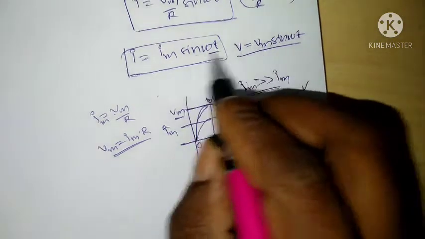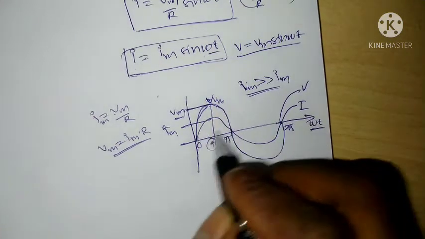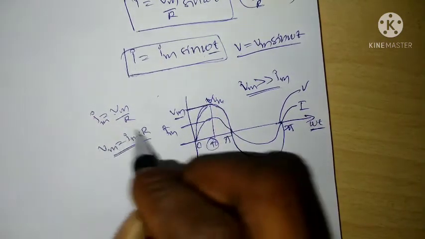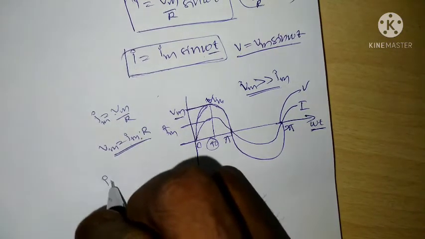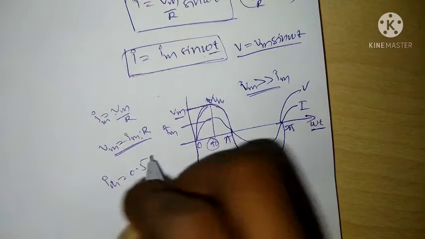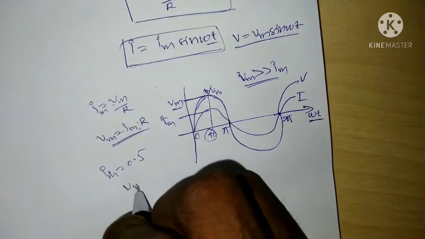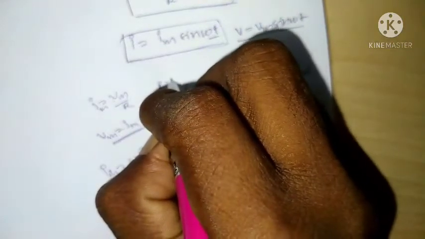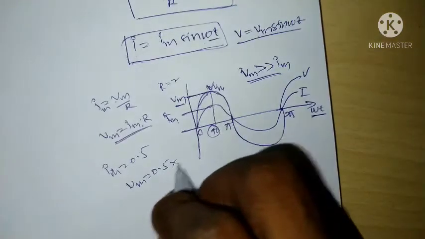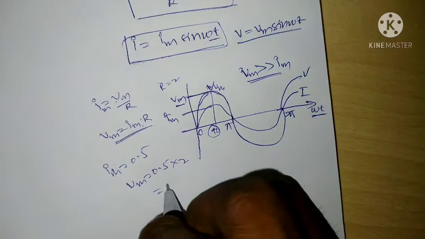From this equation or from the graph, what is the relation? Im is equal to Vm by R. Suppose Im is equal to 0.5 and R is equal to 2, then Vm is equal to 1.